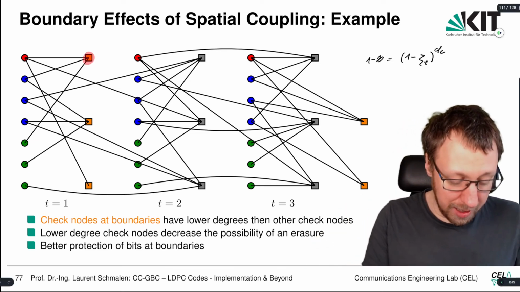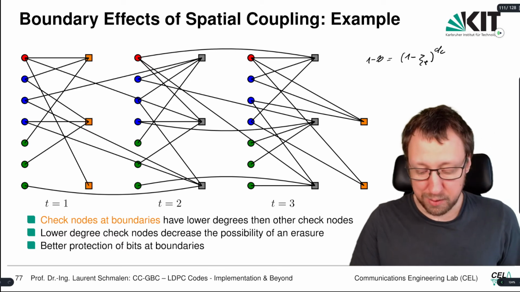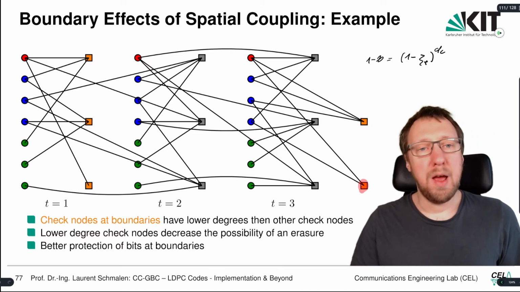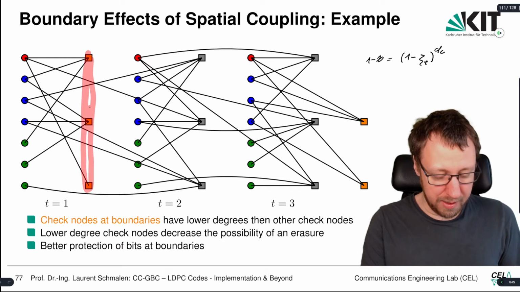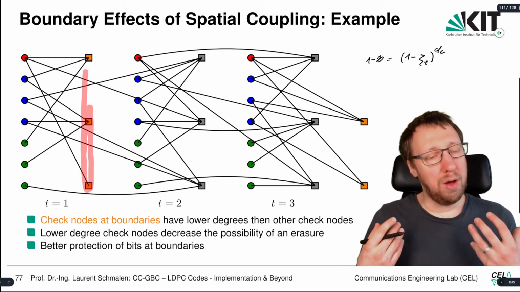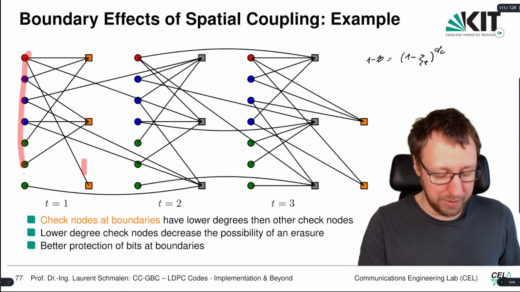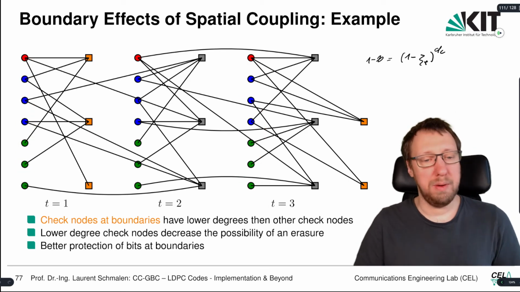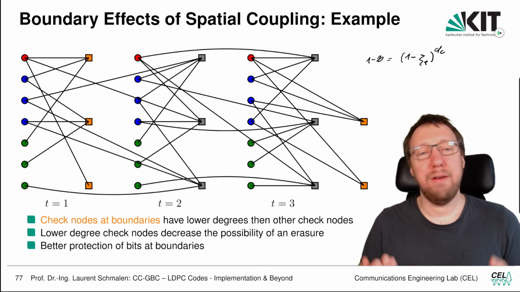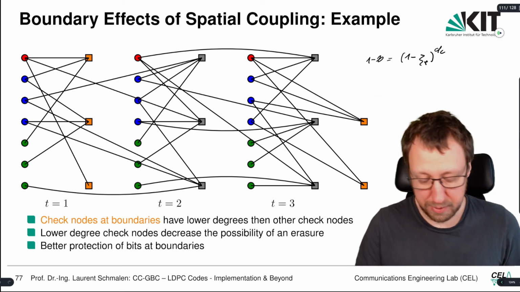So the check nodes at the boundaries, they have smaller degrees, meaning they will be erased with smaller probabilities. The variable nodes at the boundary conditions, they will be erased with smaller probabilities, and therefore we have a better protection of the bits at the boundaries.